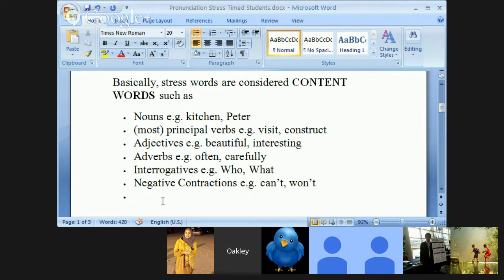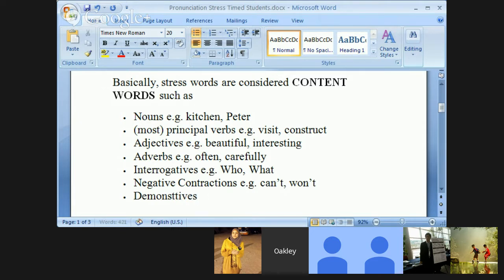Okay, another type of word that is sometimes... whoops, I misspelled that. Demonstratives. Another type of words that are also normally stressed in sentences.